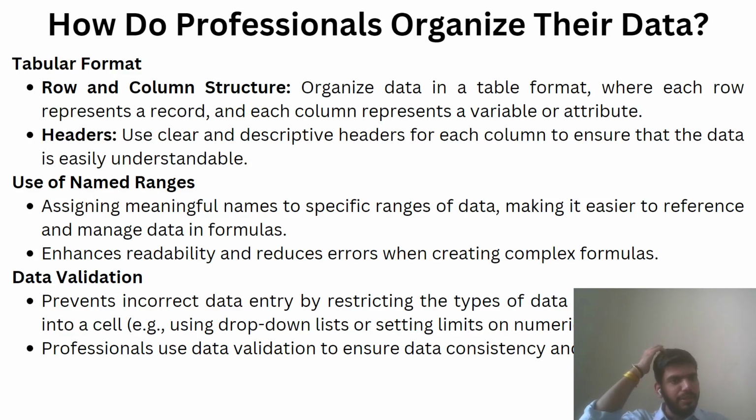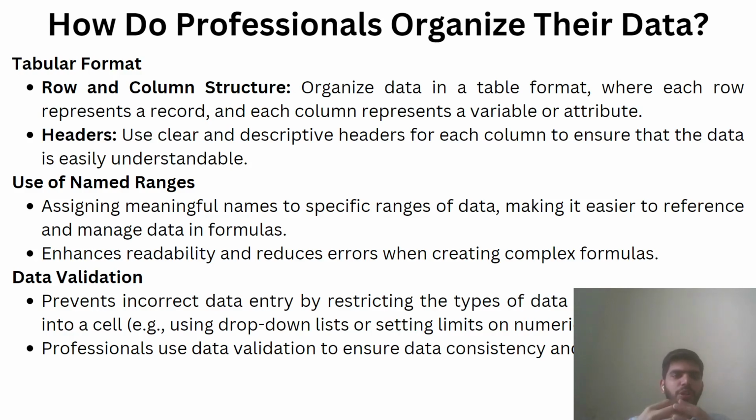The use of named ranges. Assign meaningful names to specific ranges of data, making it easier to reference and manage data in formulas. So if I have a specific range of data, let's say marks, I would say that 90 to 100 marks are A grade and 80 to 90 marks are B grade.